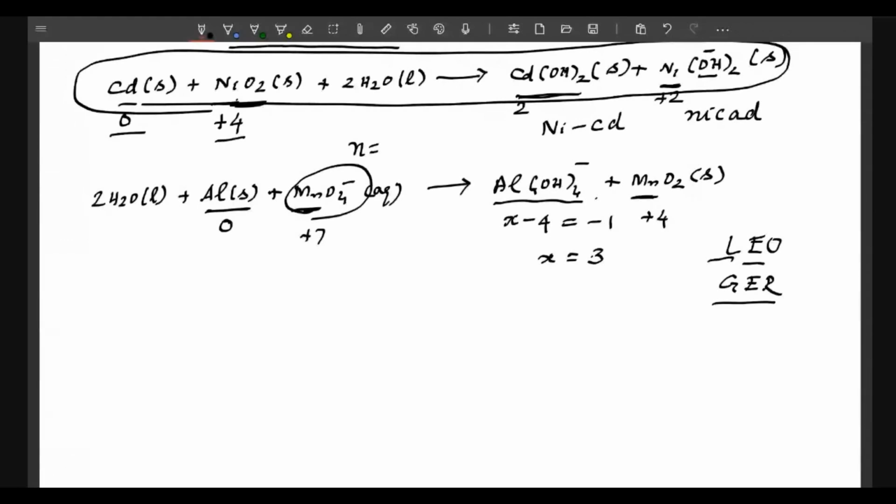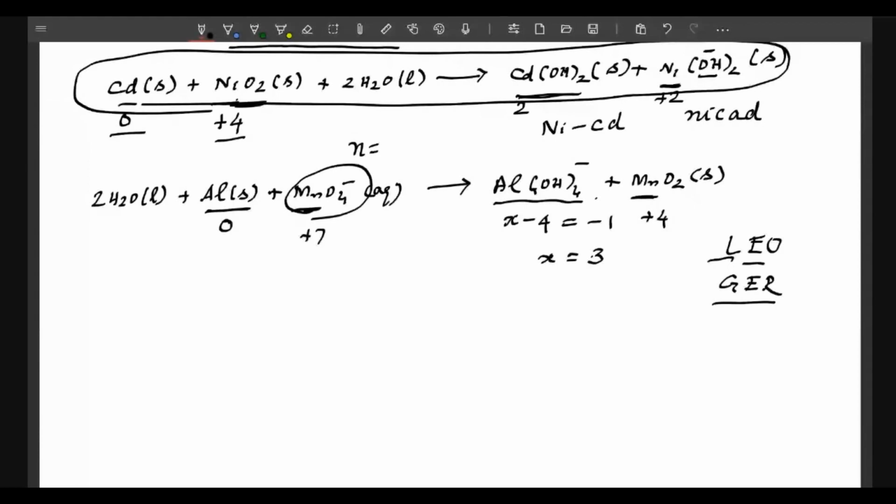Generally, all metals have reducing character, which we are going to see in the application of electrode potential. In this way, you should be able to identify which is an oxidizing agent, which is a reducing agent, and how many electrons are involved in the process.